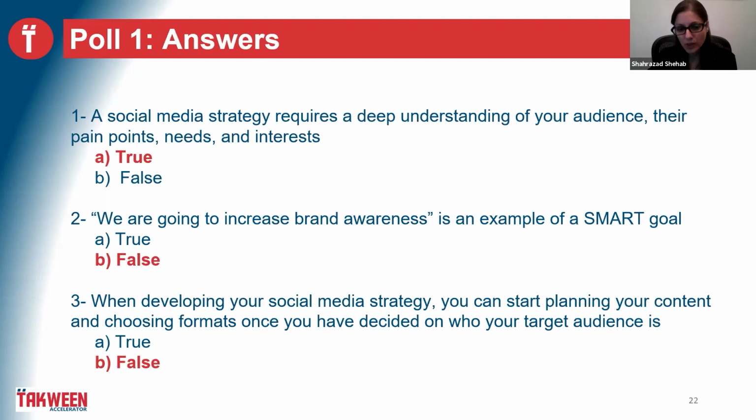When developing your social media strategy, you can start planning your content and choosing formats once you have decided on your target audience. This is false. Once you decide who your target audience is, you need to choose the social media channels that you are going to be present on.